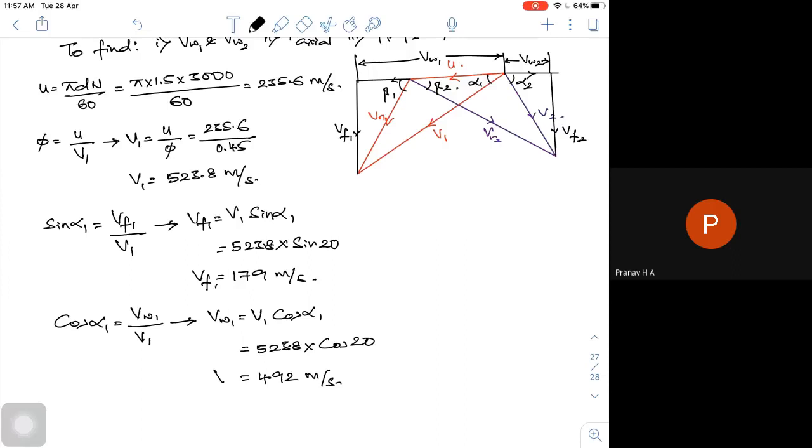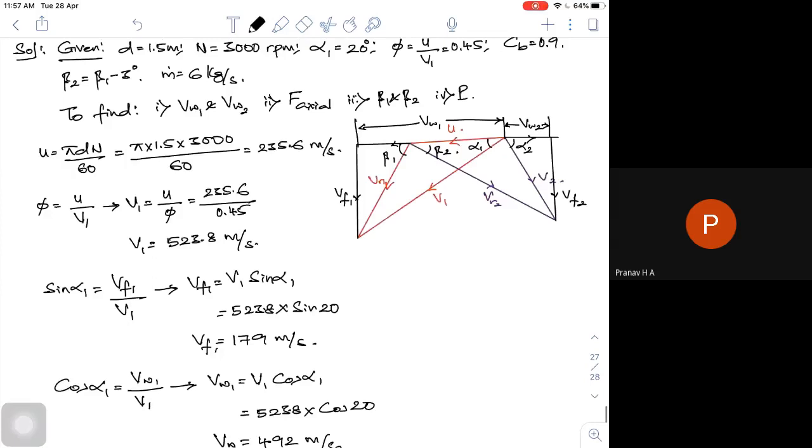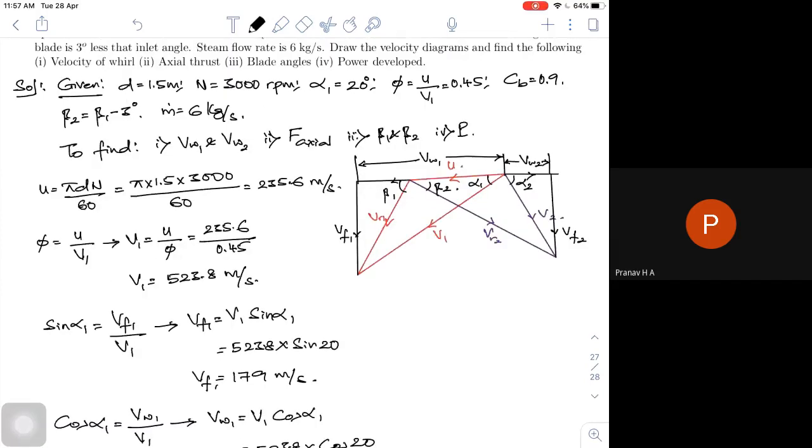Now, if you go and see what this actually is, this is your x. What is x actually? X is equal to Vw1 minus u. So if I look into this particular triangle, what is my tan beta?